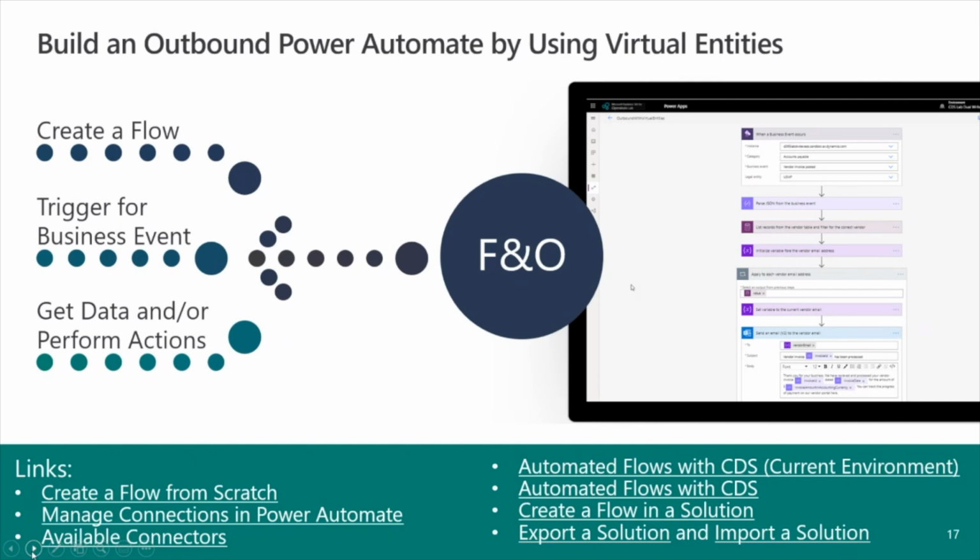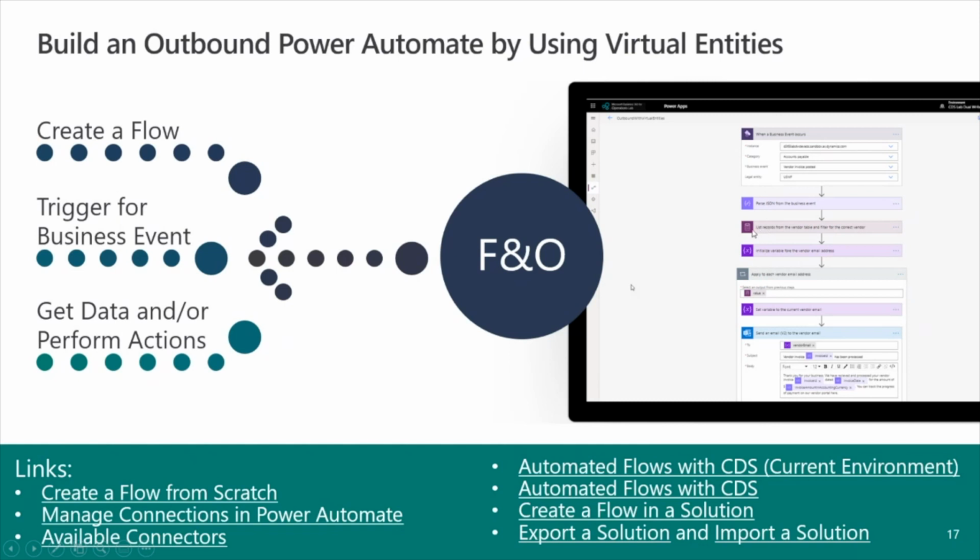At some point, we will have new business event capabilities inside of the Common Data Service, but for now, you have to use the 'when a business event occurs' trigger in finance and operations. Then the additional steps that you put in here can be really anything you want. In my example, it might be a little bit hard to see, but I parsed the JSON, which is pretty typical, so that you can get all the values that were passed from that business event out.